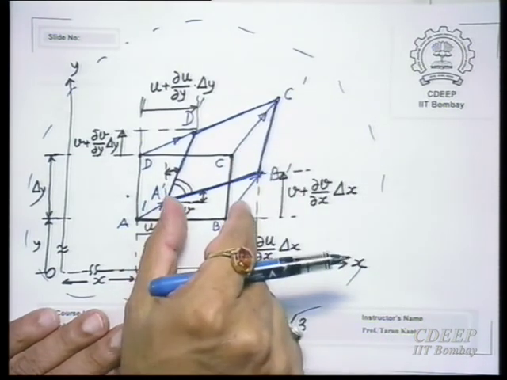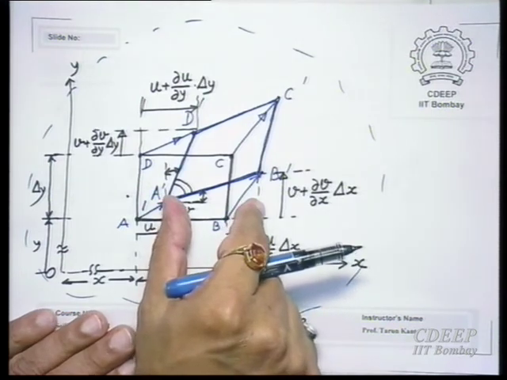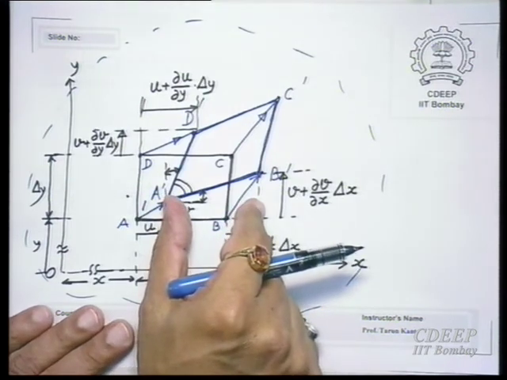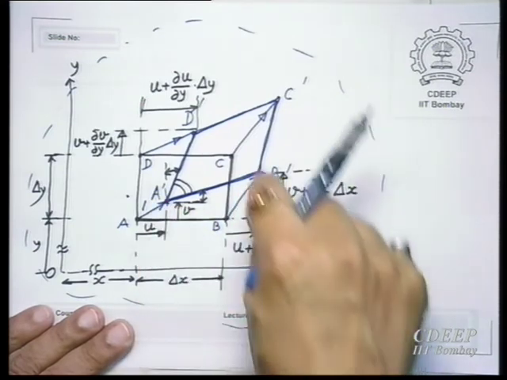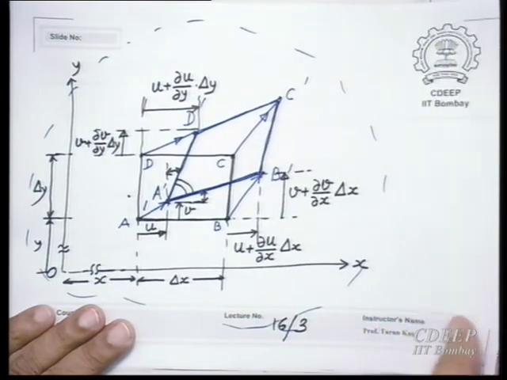If this angle is small, tangent theta is equal to theta. So this divided by the base, and the base is delta x, so it will be dv by dx.